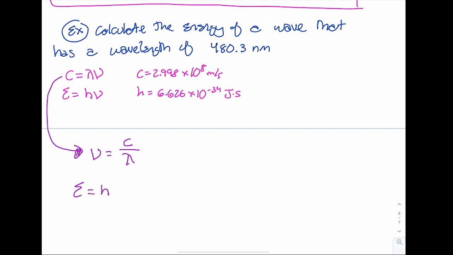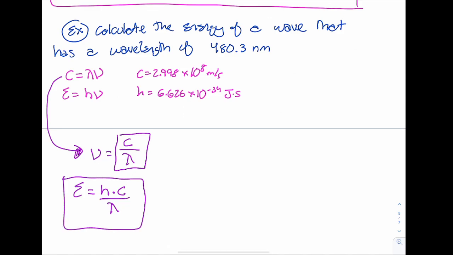So h, and then again, I'm just substituting this part in for frequency, times the speed of light divided by my wavelength. And then you can just do it in one step. Either way works. I'm going to use the one I just made, this one. If you want to do it in two separate steps and see that you get the same answer, that's totally cool.